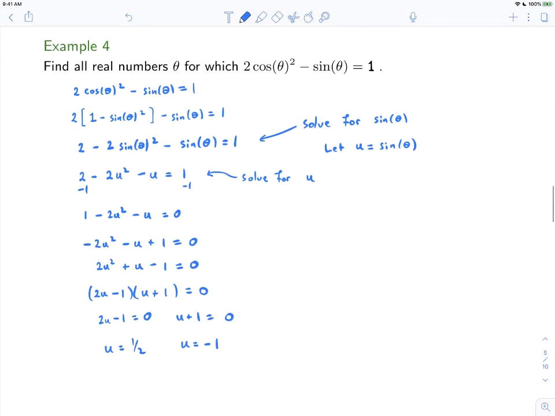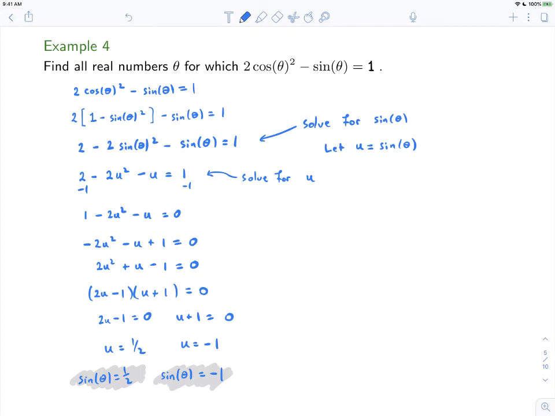So in that case, we know that sine of theta is equal to 1/2, or sine of theta is equal to -1. So here we have two equations that we can solve to give us our values of theta. Actually, let's highlight them like we did before.